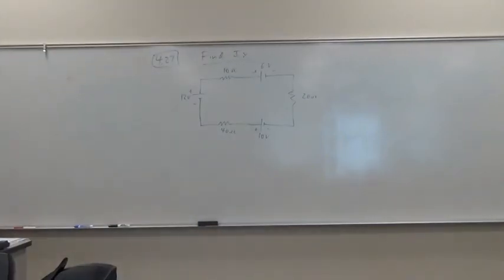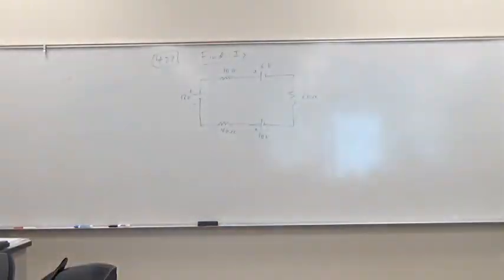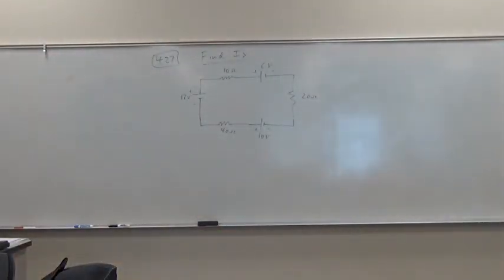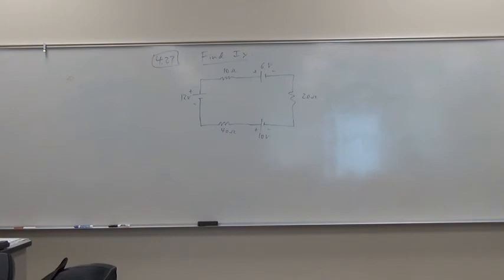The book says 4.27. See there, IX? So IX in this case is going to be your unknown variable that you're going to find. So this is going to be 10 ix.